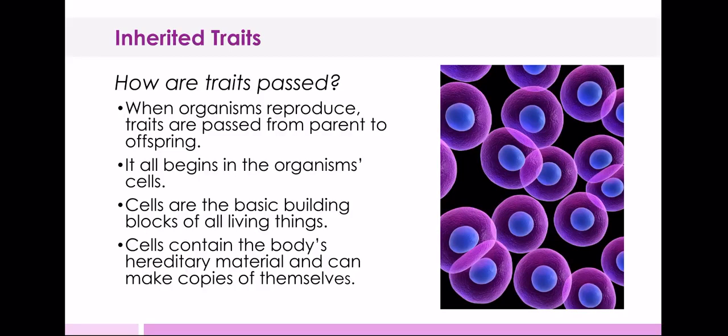Remember, our cells can copy themselves in mitosis and meiosis, which you'll see in separate videos. Our body cells divide through mitosis. The cells responsible for offspring divide through meiosis, which will give us whole new combinations of cells and genes to be passed on to offspring.